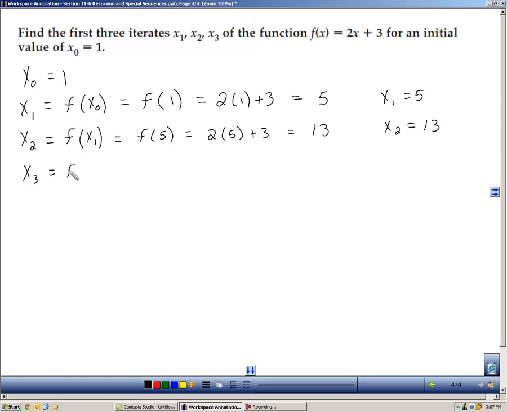Finally, x sub 3 means we take x sub 2 and plug it into the same function again. X sub 2 is 13, so we replace x with that. And 26 plus 3 is 29, so x sub 3 is 29. And this is an example of a sequence that's created using iteration.